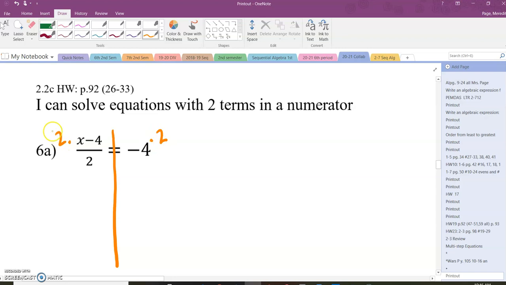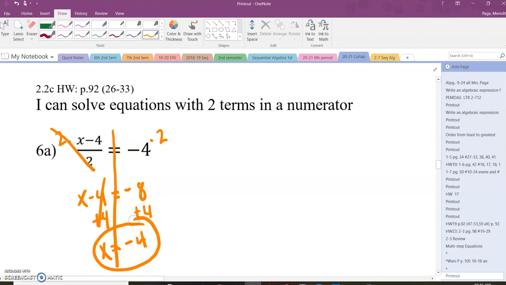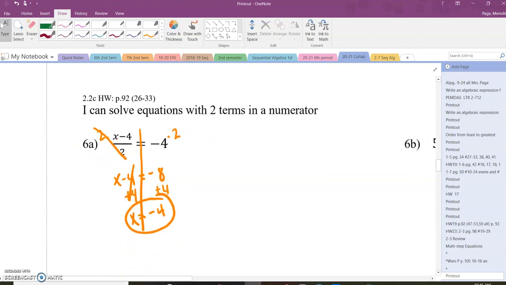The 2's cancel, and what I'm left with is x minus 4 equals negative 8. Now this looks like a one step. I have x minus 4, so the opposite is to add 4 to both sides to get x by itself. X is equal to negative 4. 6b is very similar to that one.